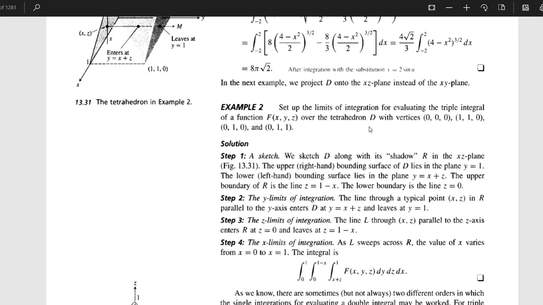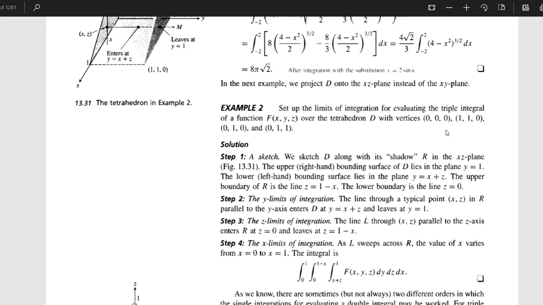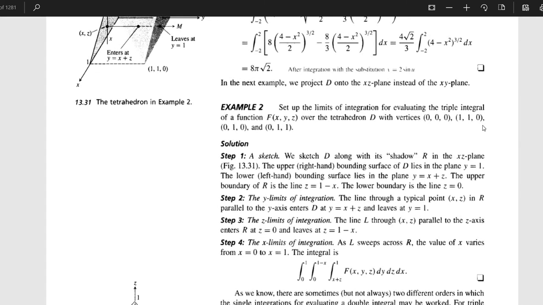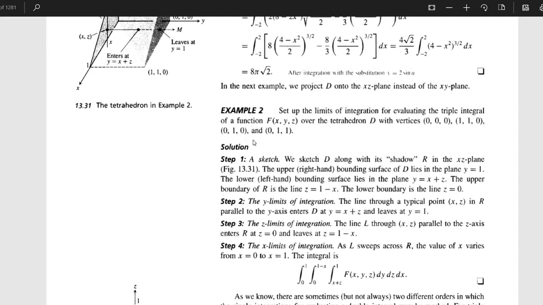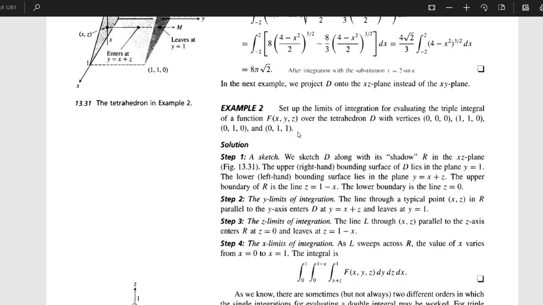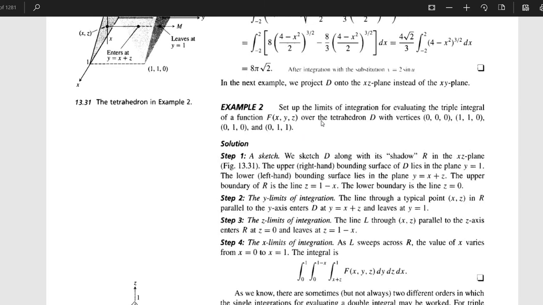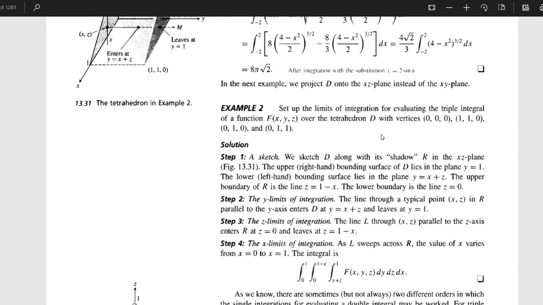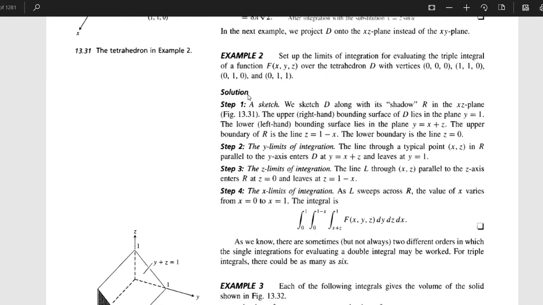The region is tetrahedron D. The four vertices of the tetrahedron are given: 0, 0, 0; 1, 1, 0; 0, 1, 0; and 0, 1, 1. How do we evaluate the triple integral of f dV over the region D, the tetrahedron?